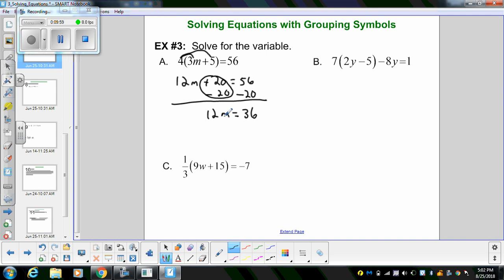And then now I want to get rid of my coefficient by dividing by 12. 36 divided by 12 is 3. Again, check all that in your calculator if you need to. Go ahead and try B and C, or at least B.